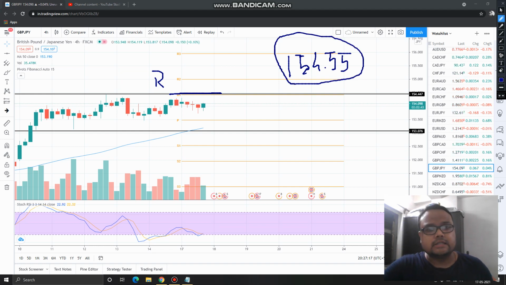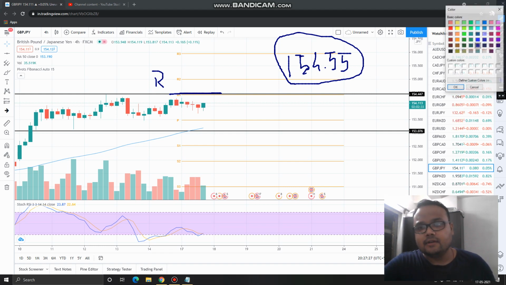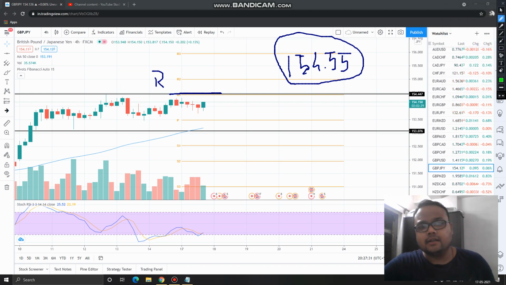Once the market crosses this level, wait for 4 hours and just try to read the chart, just try to understand the market psychology. If you see that the market has crossed the resistance, the price is not struggling, the market is doing great, then you'll get a confirmation that yes, it was a resistance, but the resistance has become the support now.